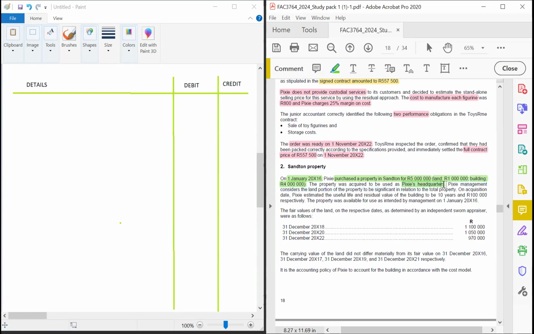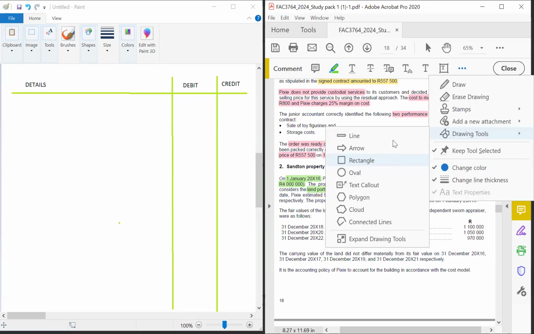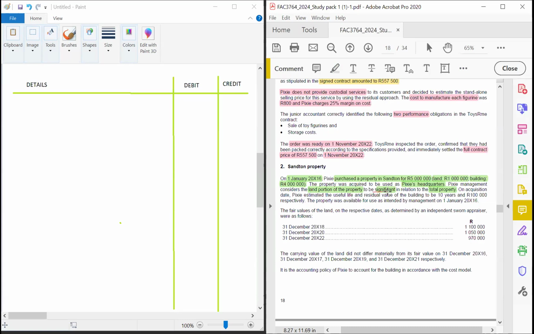Pixie management considers the land portion of the property to be significant in relation to the total property. What do they mean when they say significant? They are not just stating this because of their board.